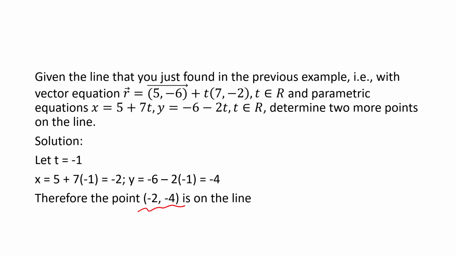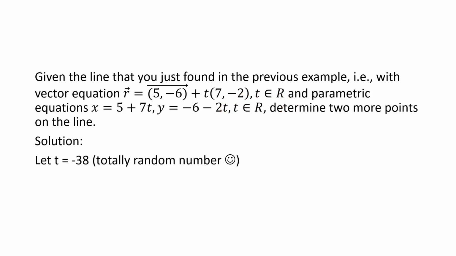Now you might be wondering, well, can t be an irrational number or a decimal or a fraction or a negative? And the answer is absolutely. t can literally be any real number, and any real number you choose is going to give you a valid point on the line. So let's let t be negative 38. Totally random number. I like the number 38, so let's use it.